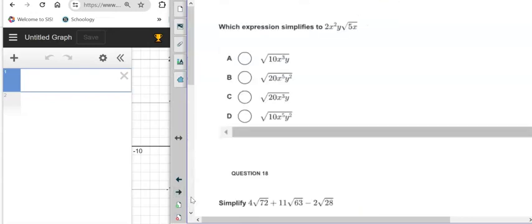The next one. Alright, for this one, we're going to simplify this expression. Actually, this is kind of a little backwards. That's why it's in the honors section. We want to see which one of these expressions is down here.